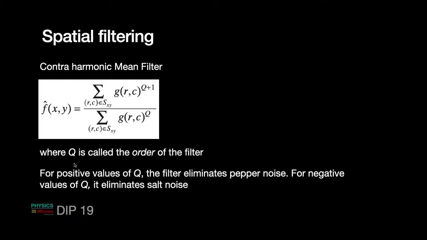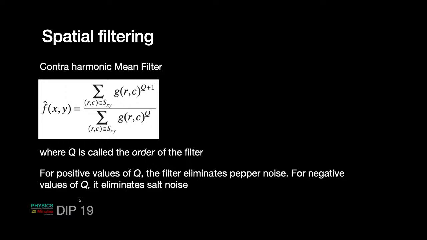So remember, 1 plus 1 power on an average would be left out after this computation, and that value is assigned to f of x plus y. So q is called the order of the filter. You can have order 1, order 2, order 3, etc. For positive values of q, the filter eliminates pepper noise. For negative values of q, it eliminates salt noise.